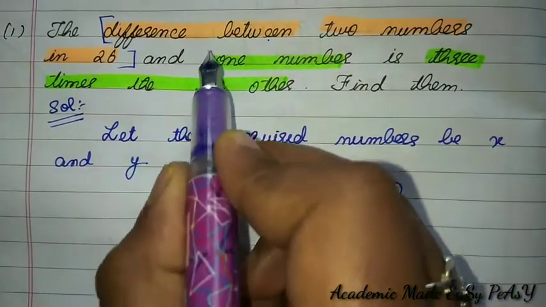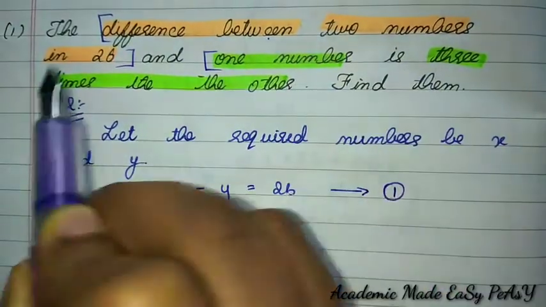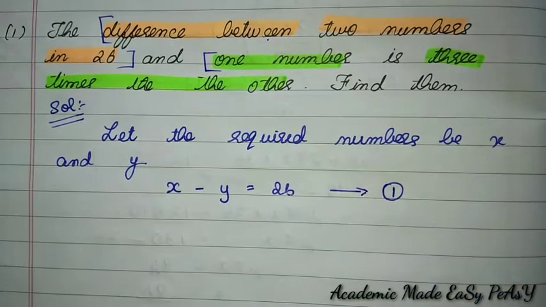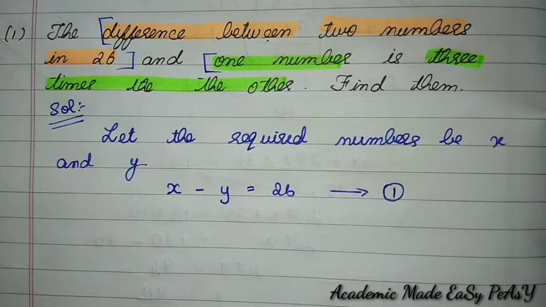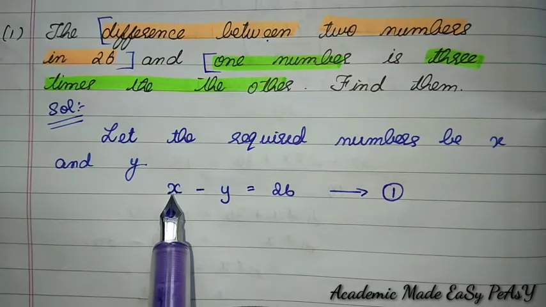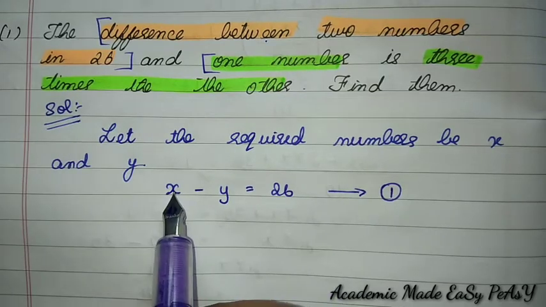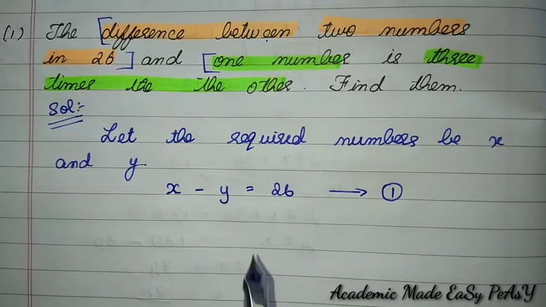Okay, and the second part of the question says one number is 3 times the other. So which number shall we take? Here x only we took. x minus y is equal to plus 26 means x is the bigger number. So I will take y as the small number.